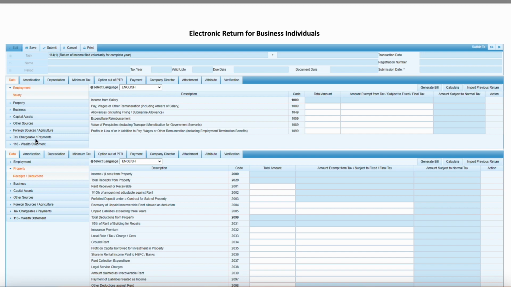Then this is the tax chargeable and payment section where all the tax is calculated, and at the end there is the wealth statement. Since this is the return of a business individual, every resident individual has to file their wealth statement. So it is inbuilt in this tax return.